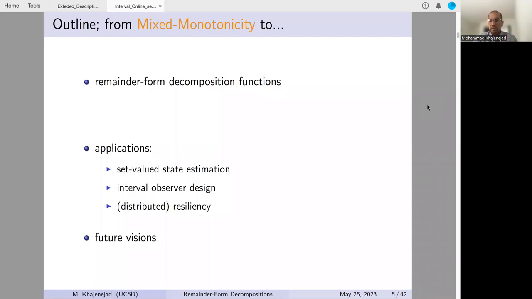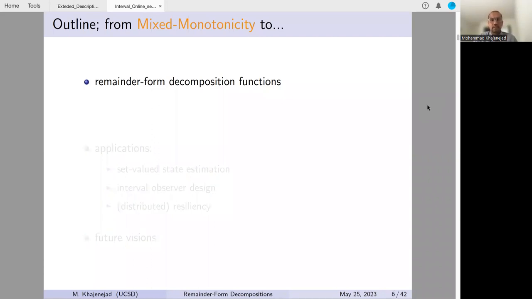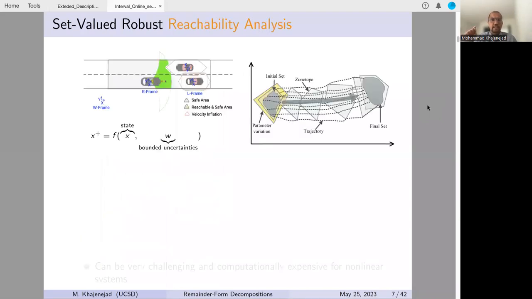All right. So I'm going to start with introducing these remainder form decomposition functions. To that end, consider a dynamical system like a car, a vehicle with its states as position and velocity, and then we lump all sources of bounded uncertainty into this W vector, and the dynamics of this system can be modeled as a difference equation or a differential equation, as can be seen.